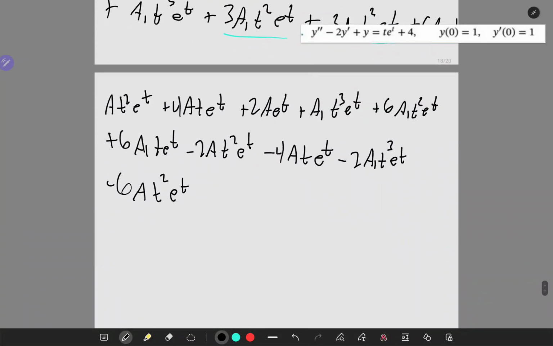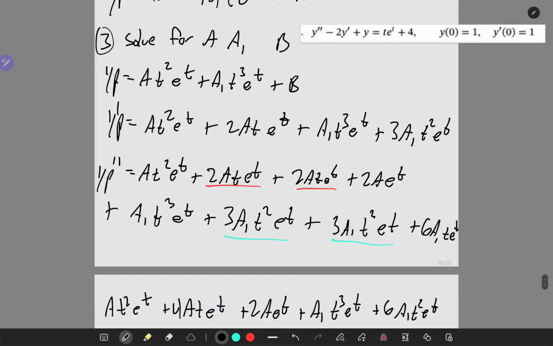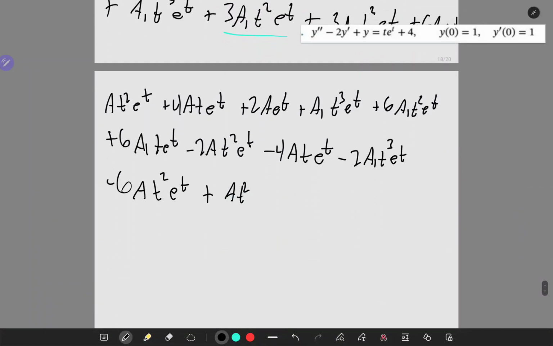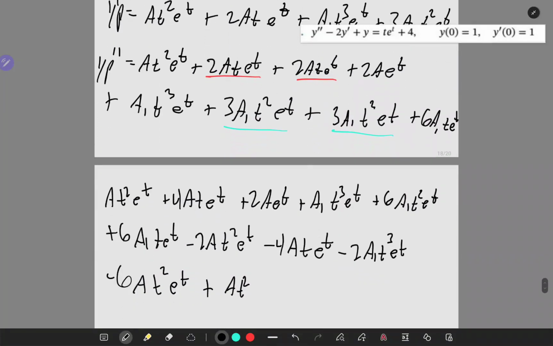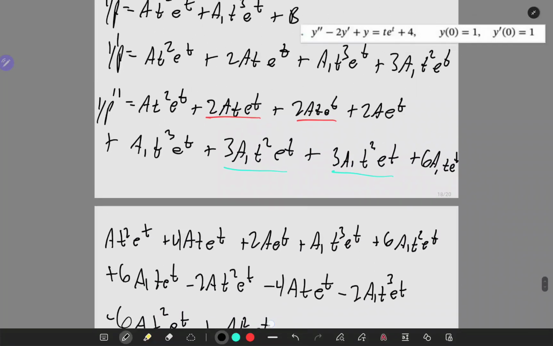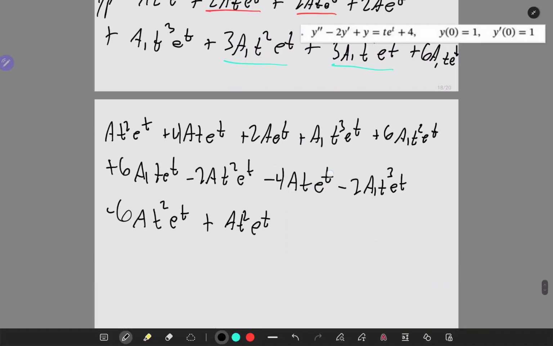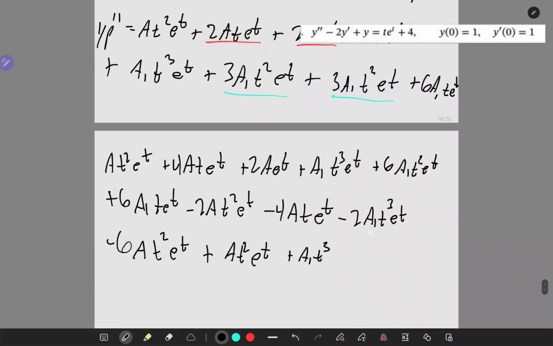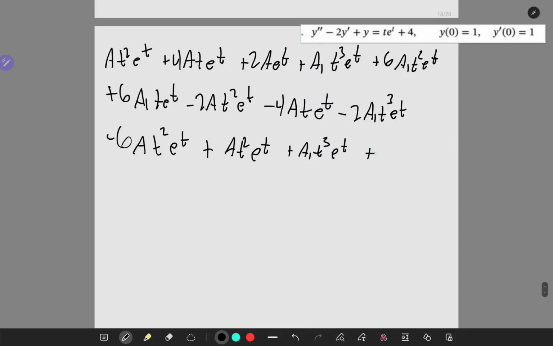Plus y, so plus at squared e to the t plus a1 t cubed e to the t plus b, all equal to t e to the t plus 4.